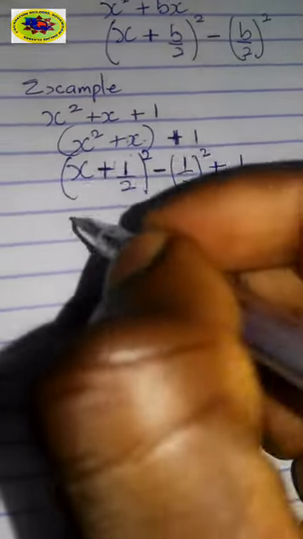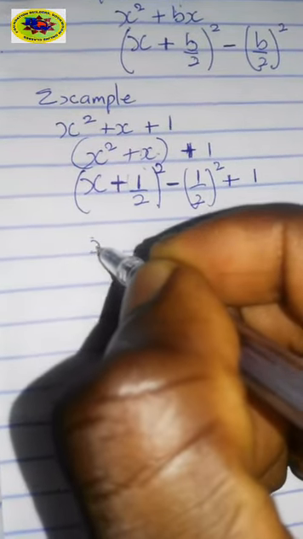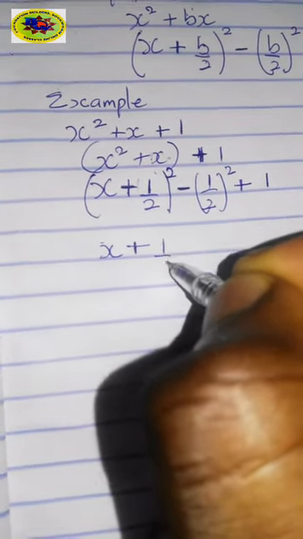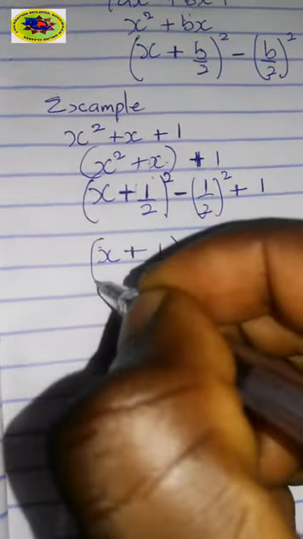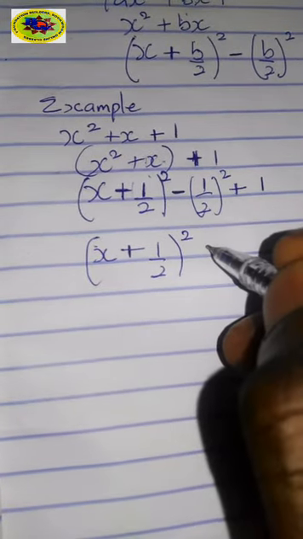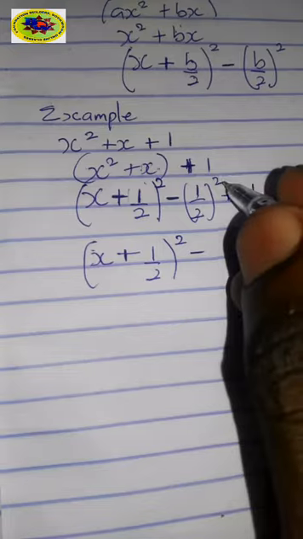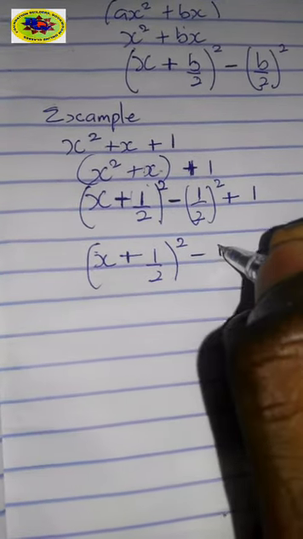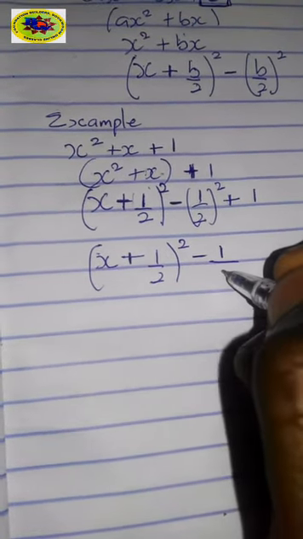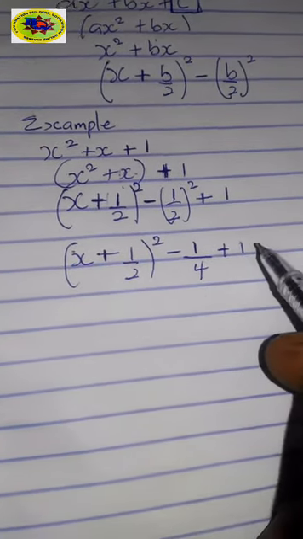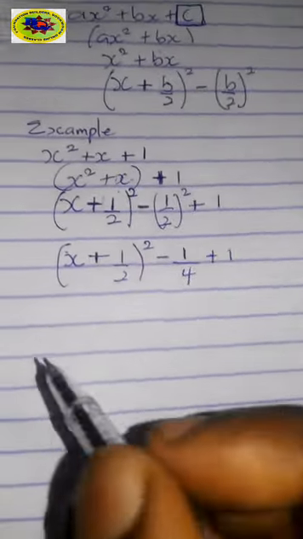So now in solving it, you will be left with x plus 1 over 2 squared, minus 1 times 1 will give you 1, and 2 times 2 will give you 4, plus 1. So now let's solve this. If we solve this, we have completed the square.